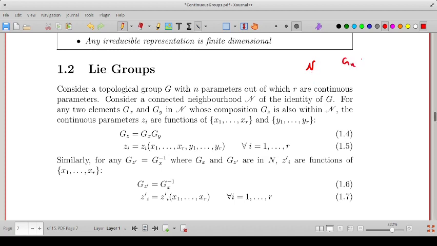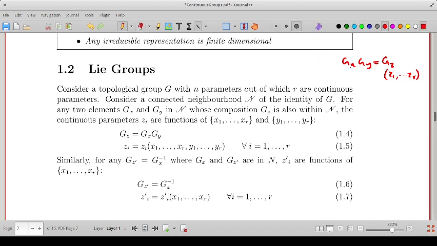So GxGy, let the element be denoted by Gz. So the parameters of Gz are z1, etc. up to zr. As I have already said, we only need r continuous parameters to be specified to identify this element in this particular piece N, which contains the identity.